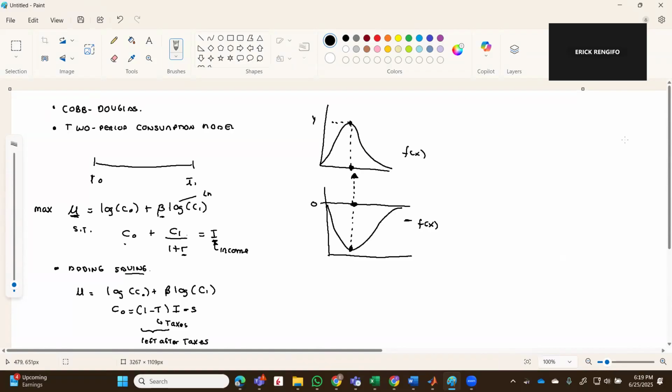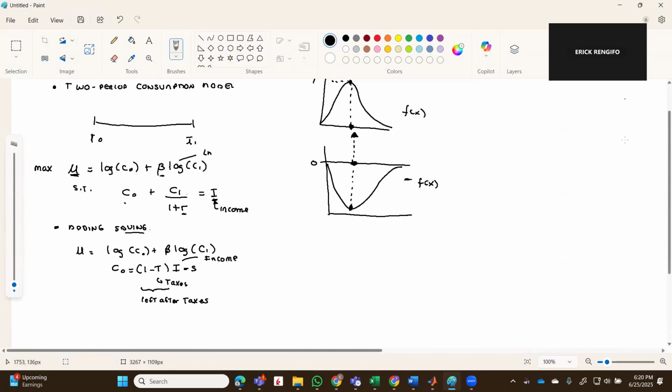If taxes are 20%, then 1 minus 20%, 80%, is what I keep from my income. All this part here, guys, in economics is known as disposable income. So this is the money that I have after paying taxes.